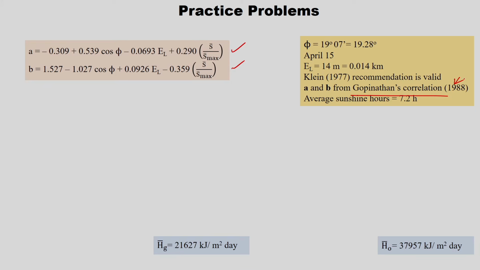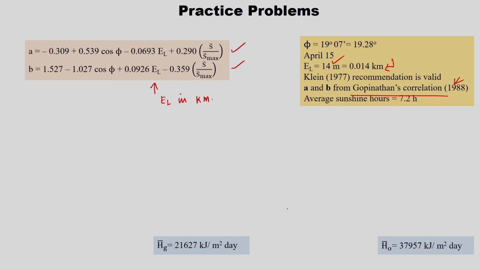If you use that correlation, you would require one more extra data, which is the elevation of that location above sea level. That is given as 14 meters, and remember in the formula EL is given in kilometers.